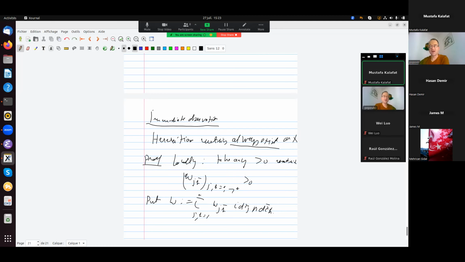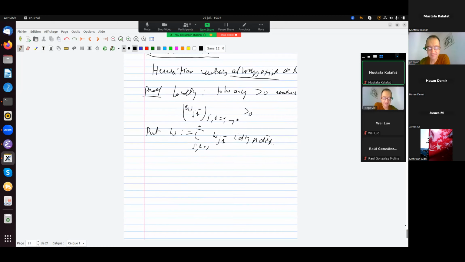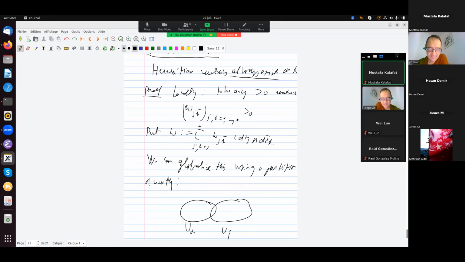And now we can globalize this using a partition of unity, right? In other words, we cover our manifold by coordinate charts. In each coordinate chart, we have a Hermitian metric.